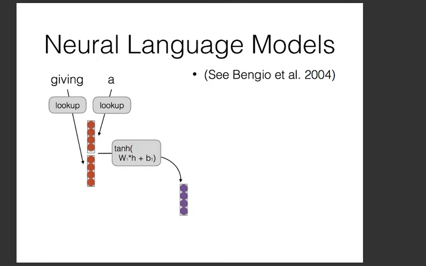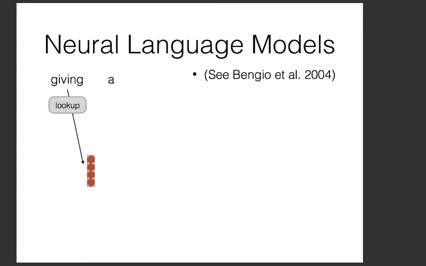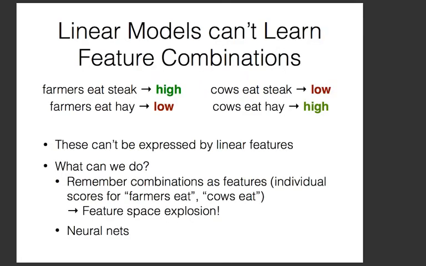So the question was, where are feature combinations important that skipgrams cannot be used to solve? Basically, I think my previous example is actually a pretty good example of that. A skipgram might be able to handle farmers eat, might be able to handle the fact that farmers and steak tend to co-occur two words apart from each other, but it couldn't consider the fact that farmers eat hay is bad, but farmers grow hay is good.